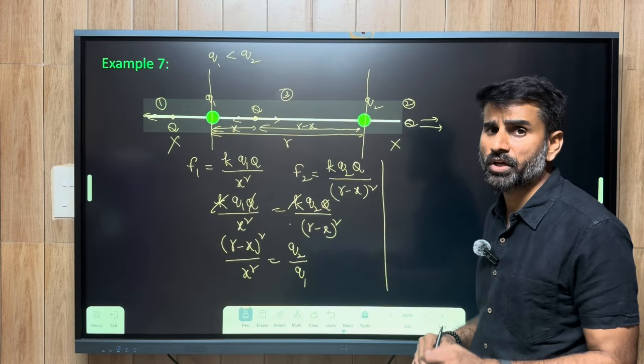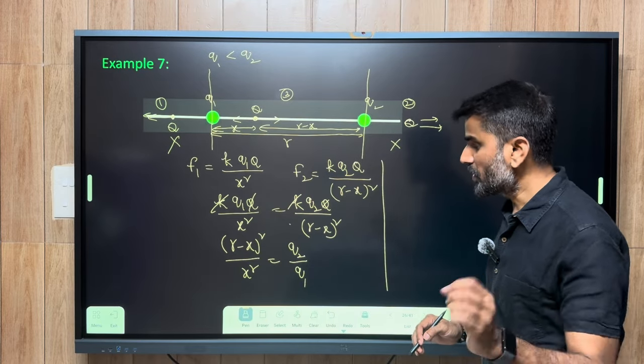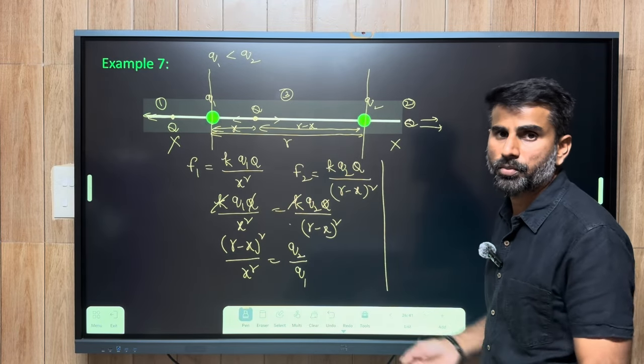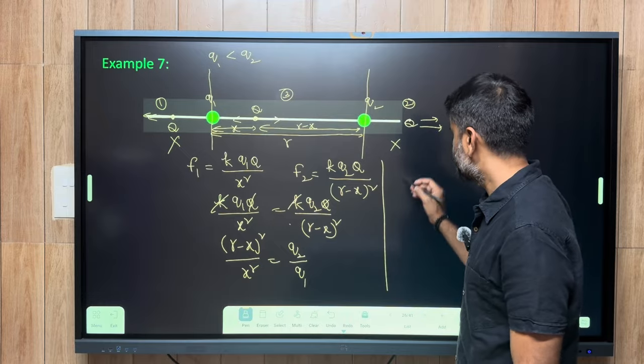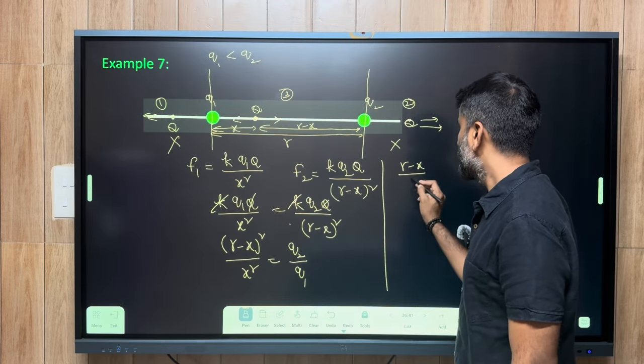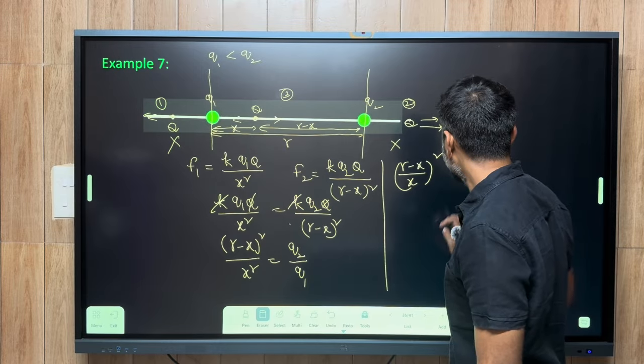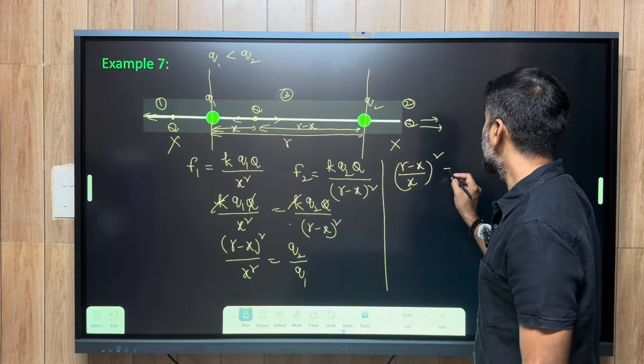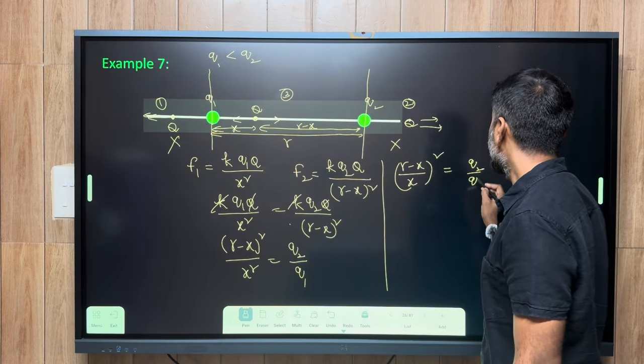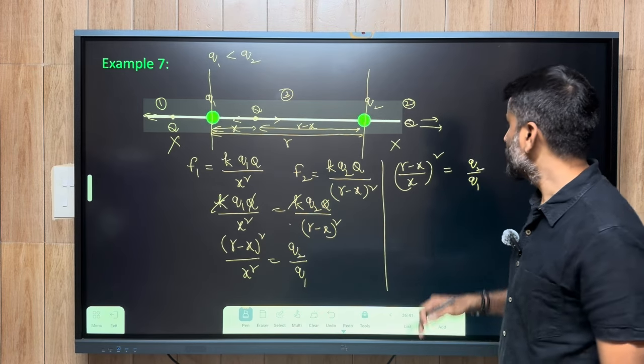Let's simplify this further. We are going to arrive at the formula. Just remember that formula if you are unable to remember the entire process. R minus x by x whole square is equal to q2 by q1.